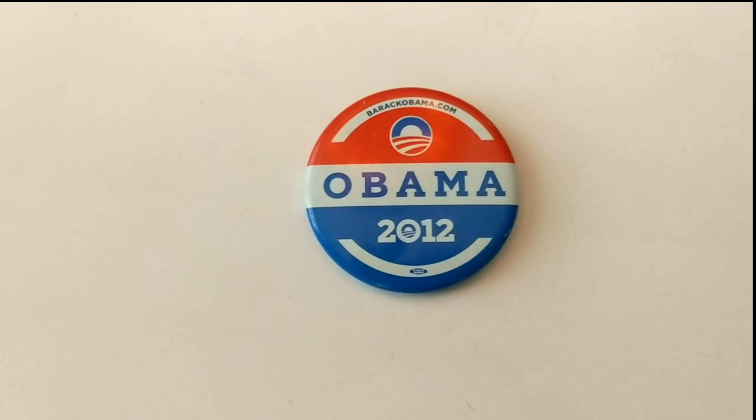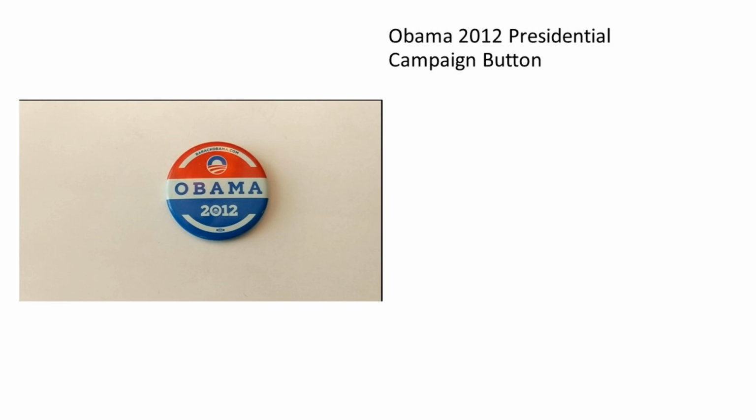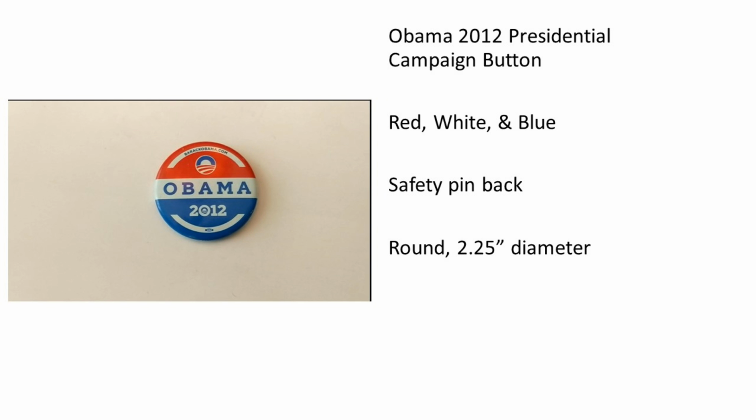So let's go back to that Obama button that we were looking at and come up with ways to describe it. It's a presidential campaign button from 2012. It's red, white, and blue. It has a safety pin back. It's round, and it's about 2¼ inches in diameter.